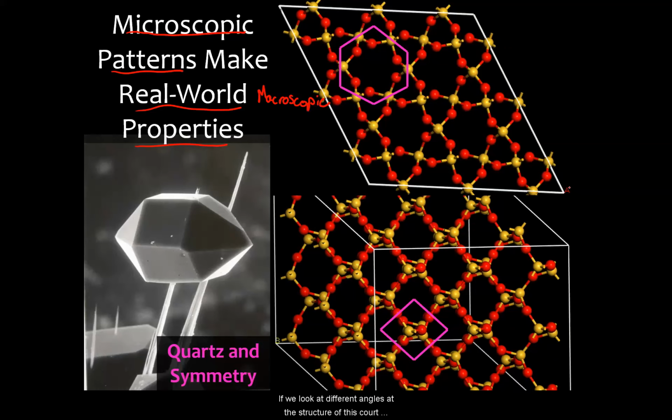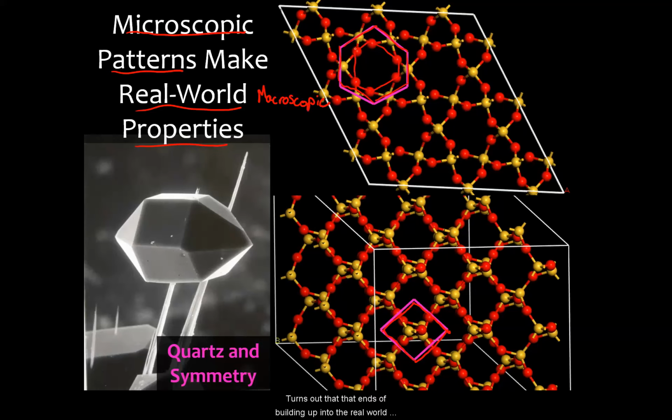So if we look at different angles at the structure of this quartz, we'll actually see some symmetry start to result. We can sort of start to see the four-sided symmetry here in the way that the holes in between the atoms are arranged. And if you look at it in a different direction, you see some six-sided symmetry resulting in the holes between the atoms, or even between the atoms themselves if you look closely.